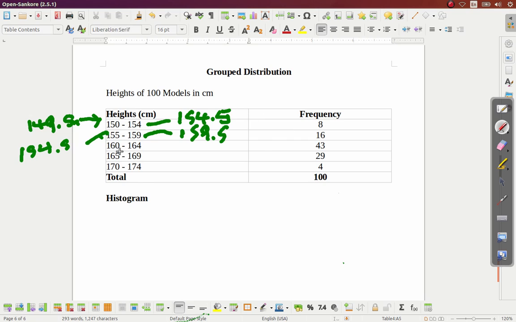The 160 could have included 159.5 going up, 159.6, 159.7, and so on. You round it up to 160. This 164, it could have been as high as 164.499, whatever it is, but up to 164.5, but not touching 164.5 actually.